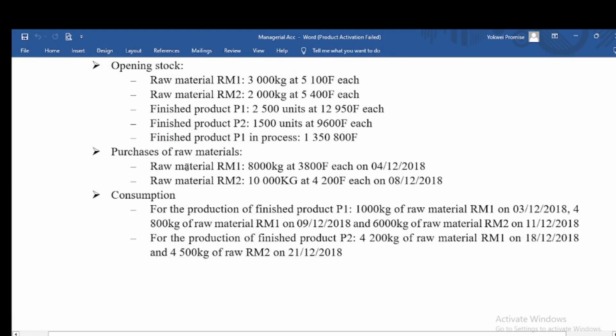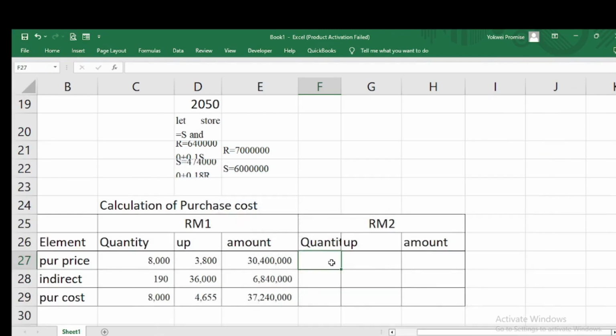With the raw material 2 purchases, we have 10,000 kilograms at 4,200 francs each. So I have 10,000 at 4,200 francs each. The total here will be equal to this times this, 42 million, right?